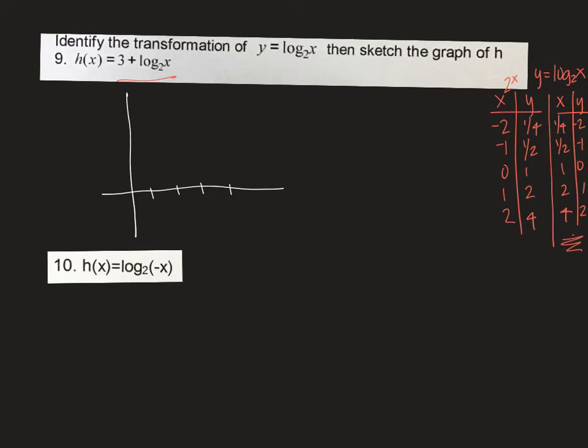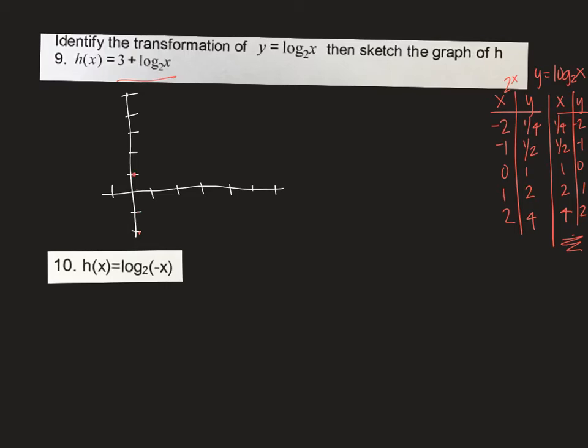And what I would encourage you to do is start to plot them where they're already labeled, and then just move them up 3. So 1/4, -2, we're going to move up 3 units, and it becomes 1/4, +1.